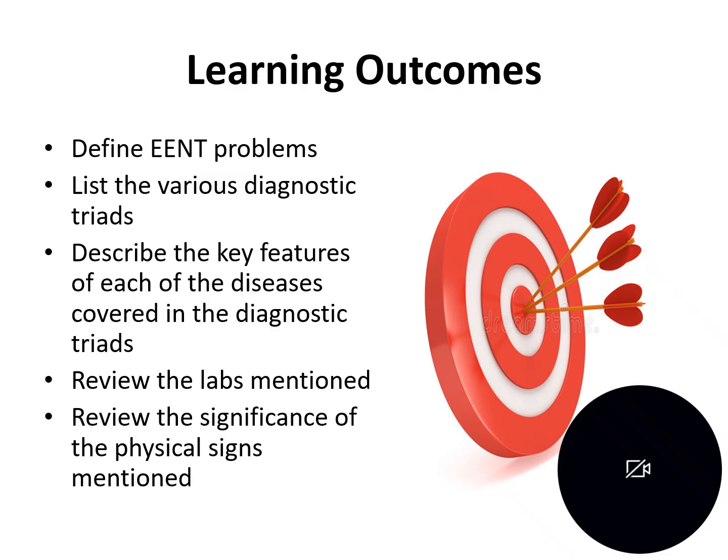And then at the end, we will conclude by reviewing the significance of physical findings mentioned in this. Because remember, this is part and parcel of the general diagnosis section in Boards Part 2.